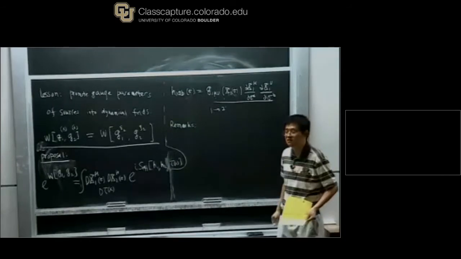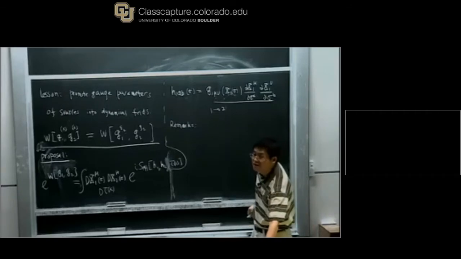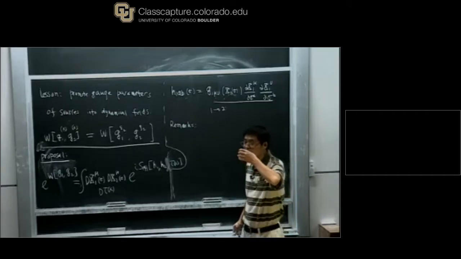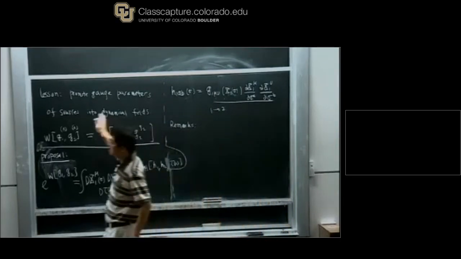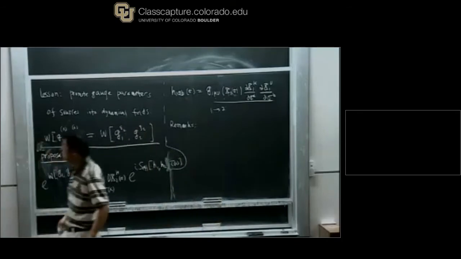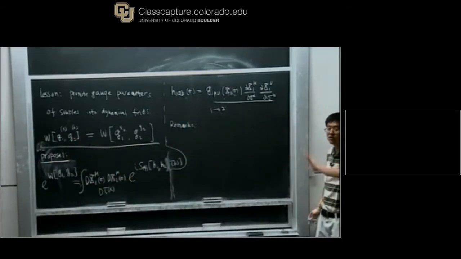So this somehow looks different from the way that you were treating... So this is exactly the counterpart of B for the diffeomorphism. The way to see this is the following.